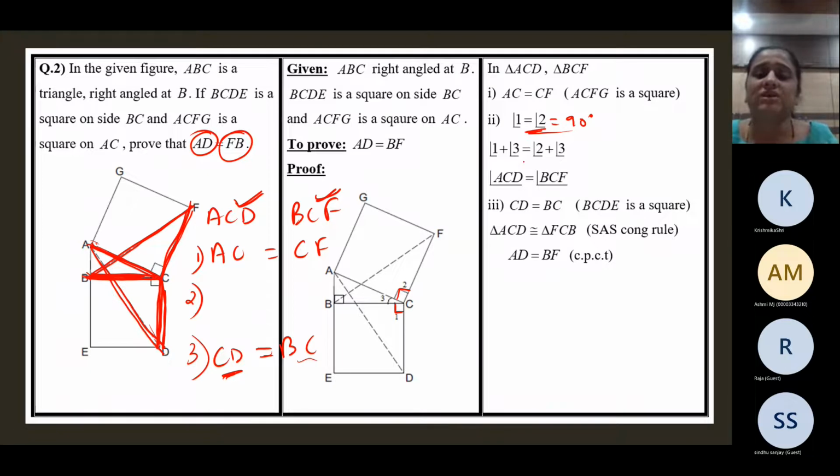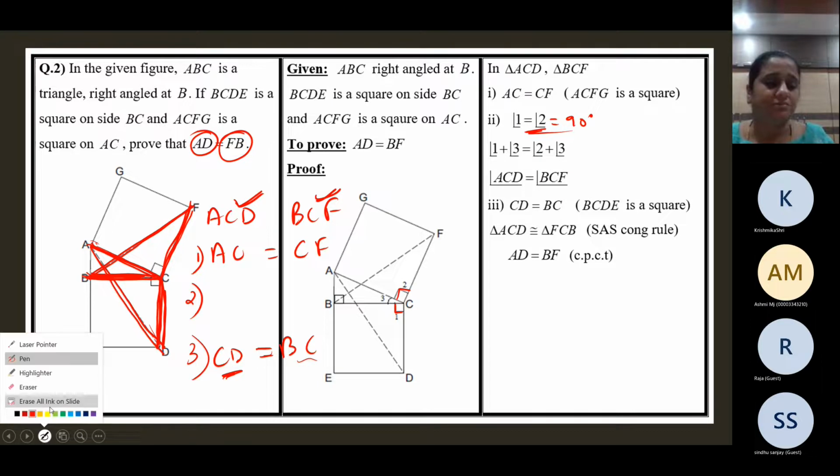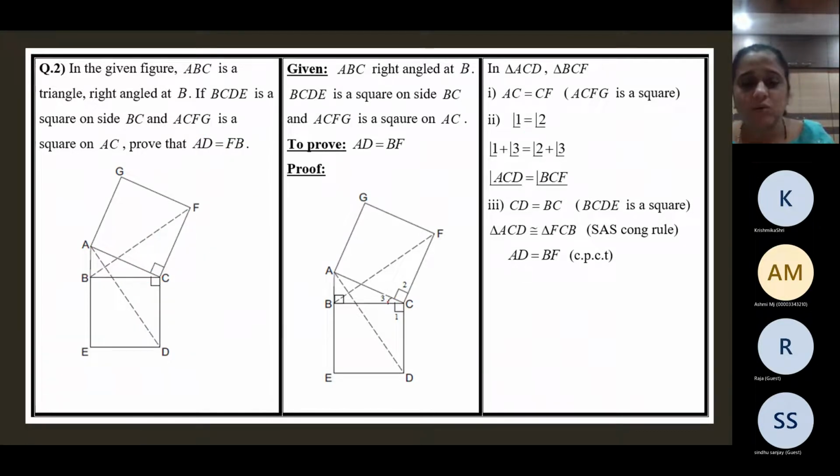So you get angle 1 plus 3 is equal to angle 2 plus 3. Now, angle 1 plus 3 is angle ACD, and angle 2 plus 3 is angle BCF. Clearly, this is an angle of the first triangle and this is an angle of the second triangle.